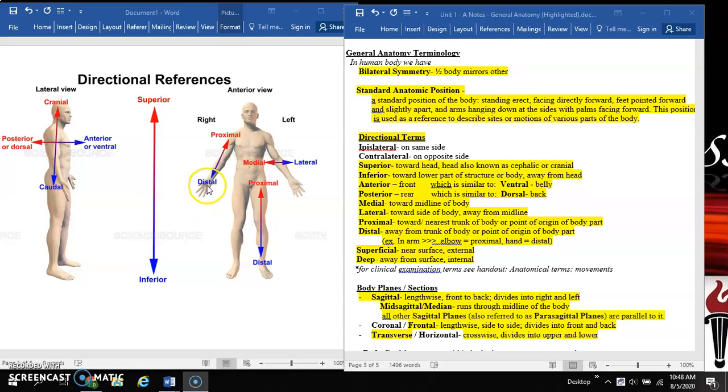Now, one thing we should note here is standard anatomical position. The standard anatomical position is as this specimen on the right is standing. He's standing there with his arms hanging down, his feet about shoulder width apart, and his palms facing forward.